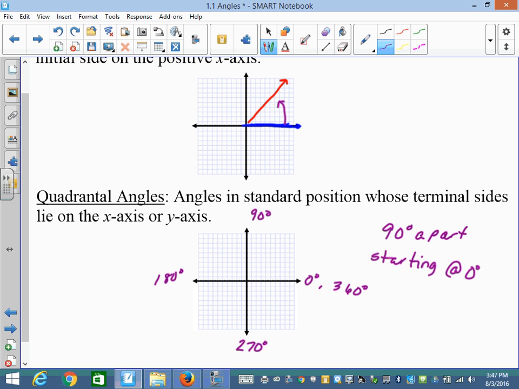There it is, a full rotation around the grid. These are angles in standard position whose terminal sides lie on the x or y axes. So you'll have some form of a 90 degree or 180 degrees on each of these. These are the ones to watch out for. They are always going to be 90 degrees apart.